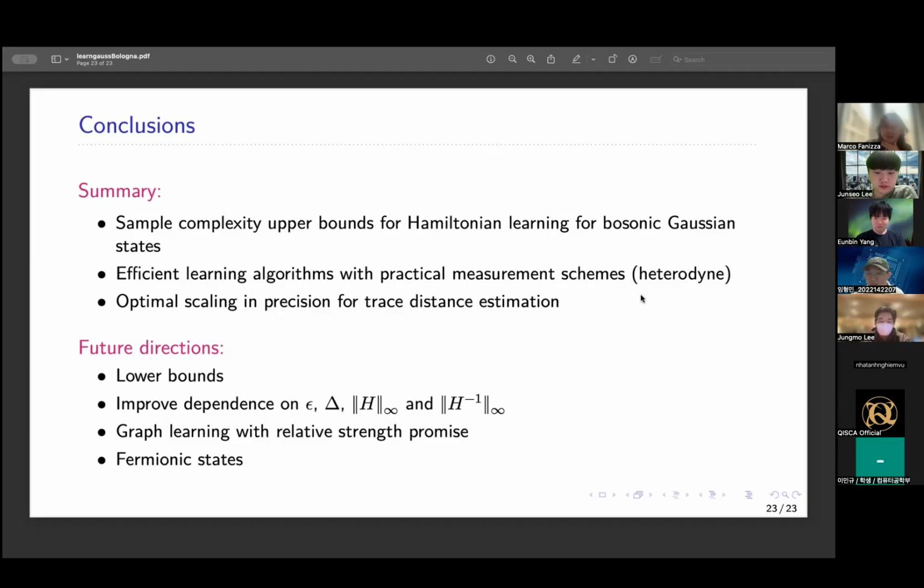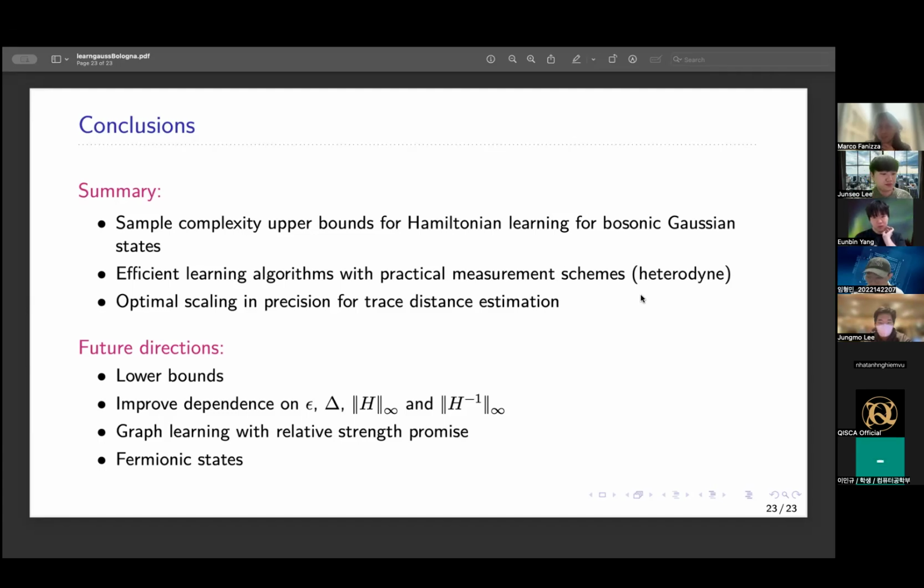For example, this algorithm uses unentangled measurements, and I wonder if these problems can be solved just by unentangled measurements, or whether entangled measurements can give a boost to the performance. It's still unclear.